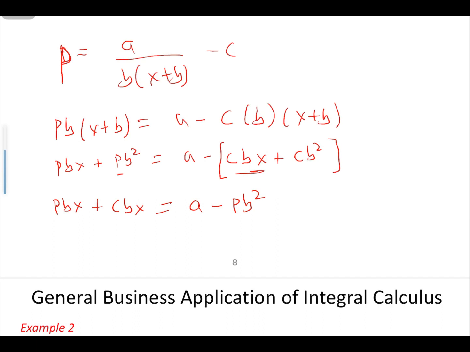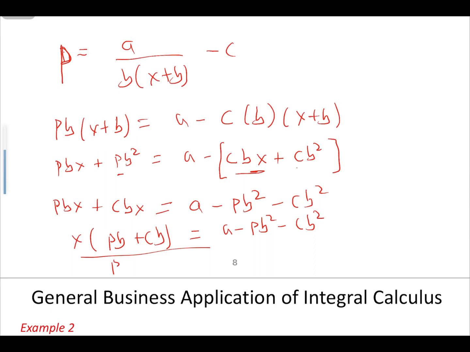And then here the minus also affected minus CB squared. And here when you bring the X out, we are going to get PB plus CB, which is equal to A minus PB squared minus CB squared.